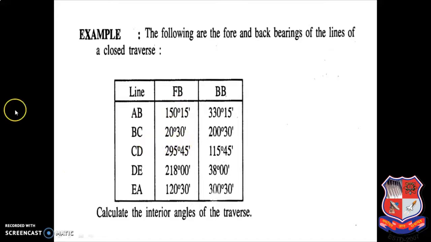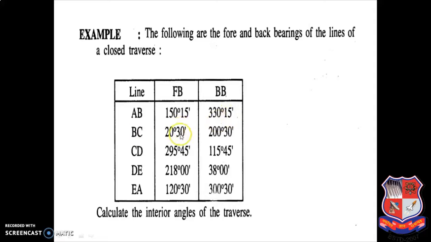The following are the forebearing and back bearing of the lines of a closed traverse, and you can see I have given the data in which you have to make 3 columns. First column is the line, second is forebearing, and third is back bearing. Lines are given as AB, BC, CD, DE, EA. Forebearing for line AB is 150 degree 15 minute, and back bearing of the same line is 330 degree 15 minute.